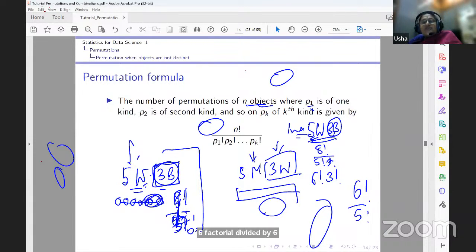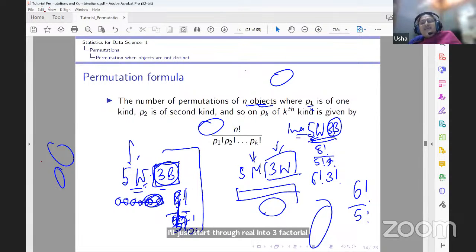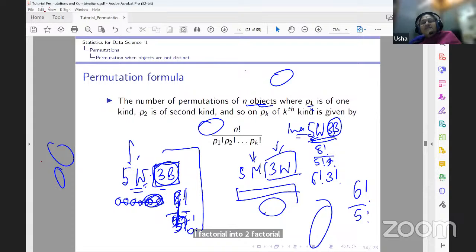The 3 women want to sit together. 5 factorial into 3 factorial. Why?